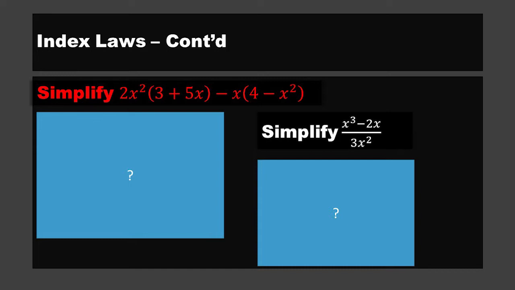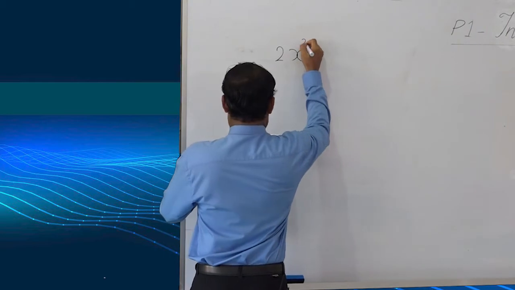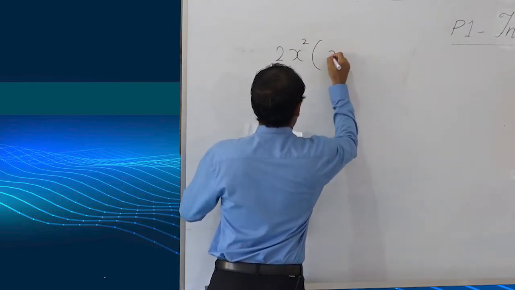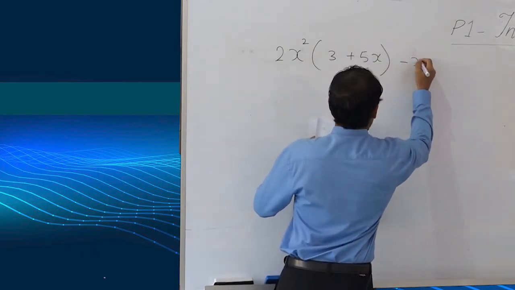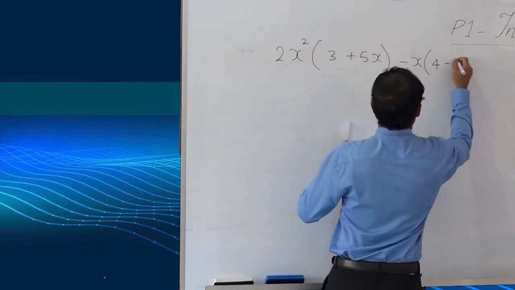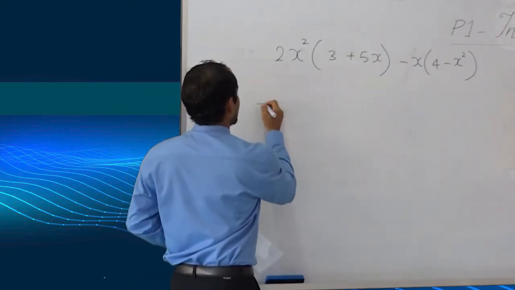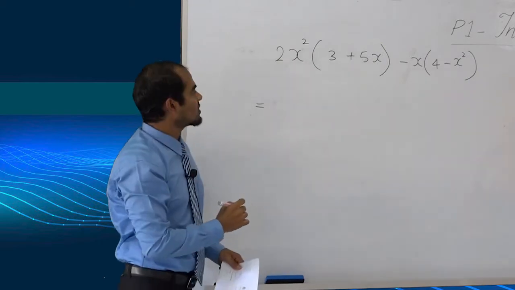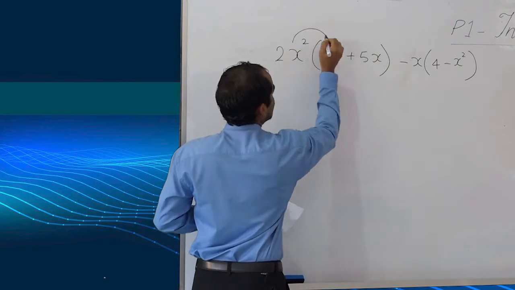The first thing is that you need to remove the brackets here, step by step. Remove those two brackets by multiplying out the brackets. So when you remove the first bracket, multiply what is outside with everything inside.